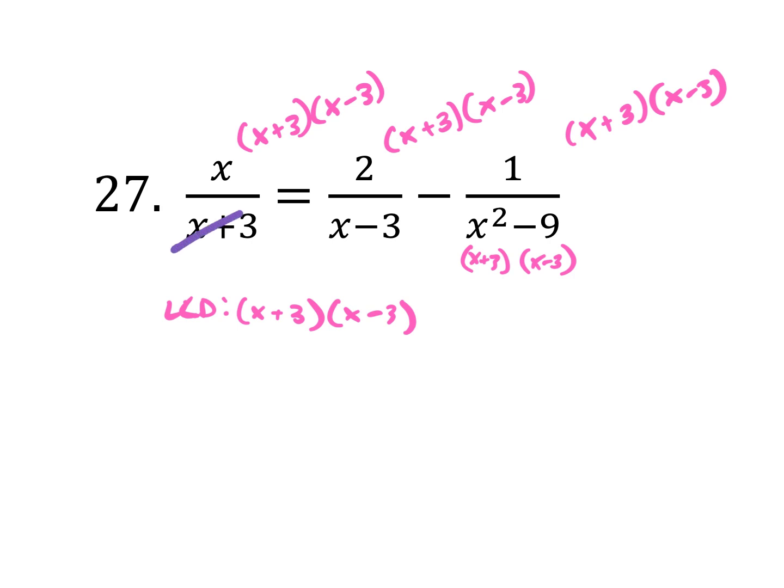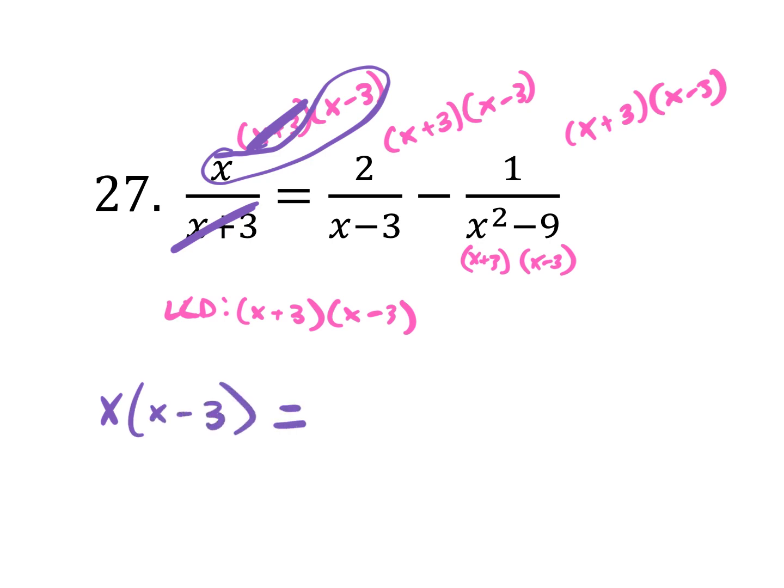So in the first one, the x plus 3 cancels out with the x plus 3, so I'm just multiplying by what was missing from the denominator. So it's just x times x minus 3. Then that's equal to, the next one, the x minus 3's cancel, so then we have 2 times x plus 3.